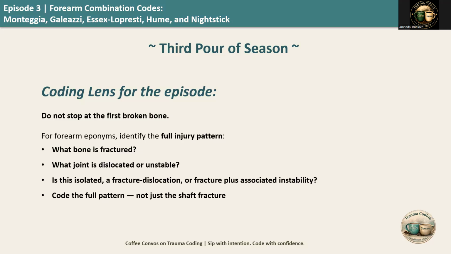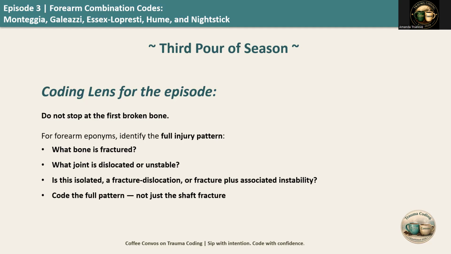Because forearm eponyms teach us something critical. Sometimes the first broken bone you see is only part of the story. Sometimes the fracture is isolated. Sometimes the fracture comes with a dislocation. And sometimes the fracture is only one piece of a much larger instability pattern.